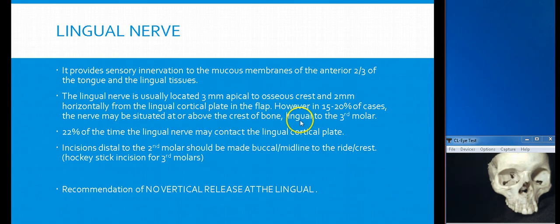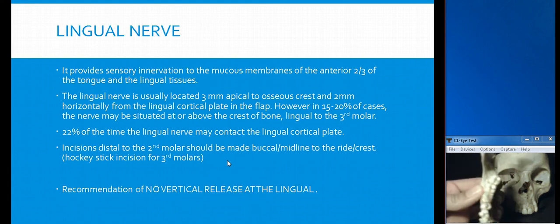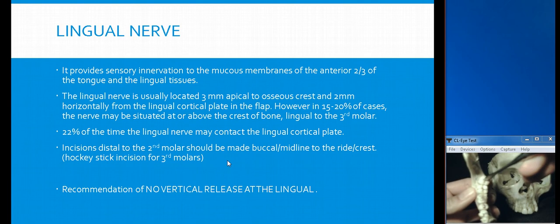So when we're making our third molar incision, this is why we do what's called a hockey stick incision. We're very buccal. So if you have a third molar, let me kind of show it to you. If this is my third molar area right here, my hockey stick incision would be right down the middle and going to the buccal.